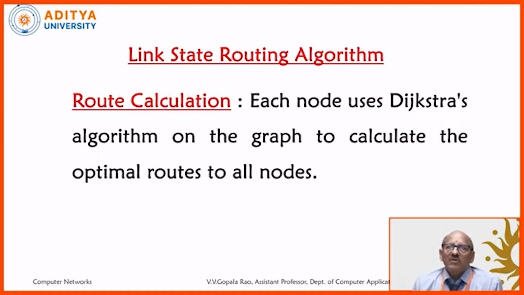It can calculate this by following different algorithms, but of course we are talking about the link state routing algorithm. In this algorithm, generally the Dijkstra algorithm is used. The name is pronounced in a number of ways, but the route calculation in the link state routing algorithm is basically carried out by the Dijkstra algorithm. Based on that you are able to get the optimal route to all the nodes in the network.